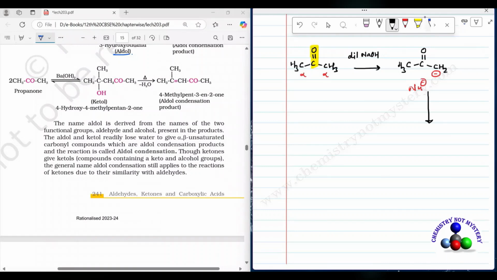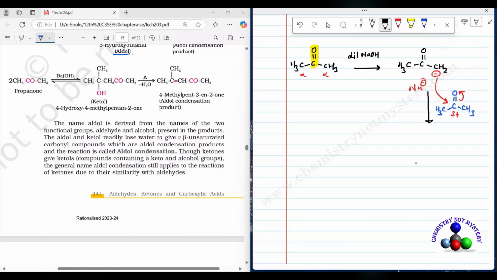Now let's draw the other molecule of ketone with a different color. So this is CH3, C double bond O, CH3. Now we know the carbonyl carbon is an electron deficient carbon. So this nucleophile will attack the carbonyl carbon, and the pi electrons will move to the oxygen.